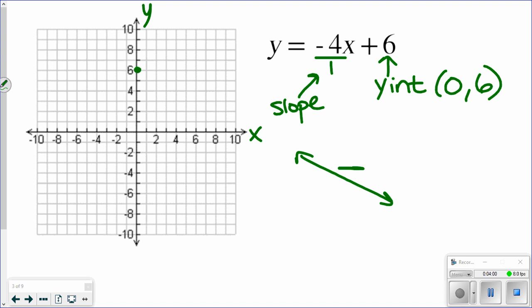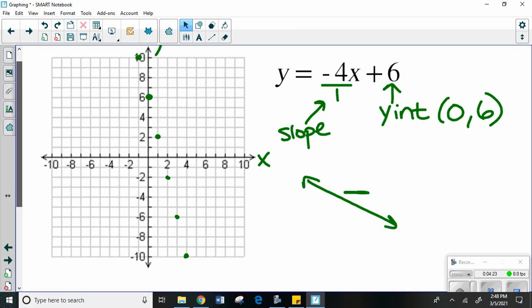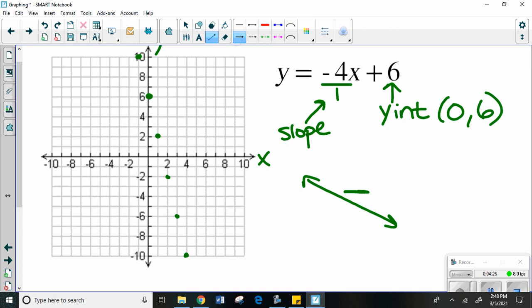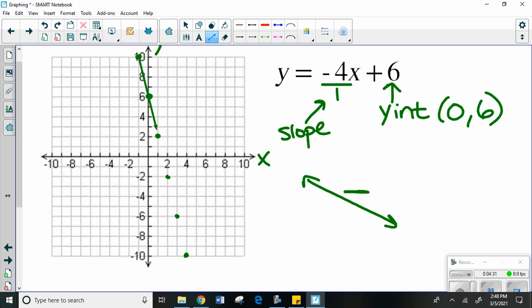So I'm going to go down 4, 1, 2, 3, 4, right 1, so that my line is decreasing or falling from left to right. If we were skiing, we'd be going down the hill, or if we're sledding, we'd be going down the hill. And again, I want my line to be perfectly straight. So I'm going to use a straight edge or a ruler to connect them.